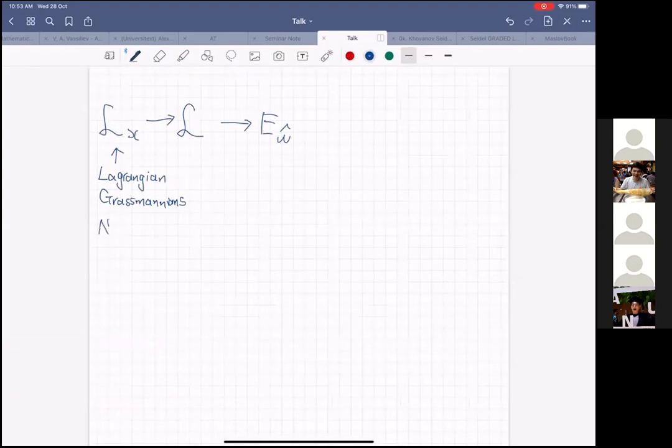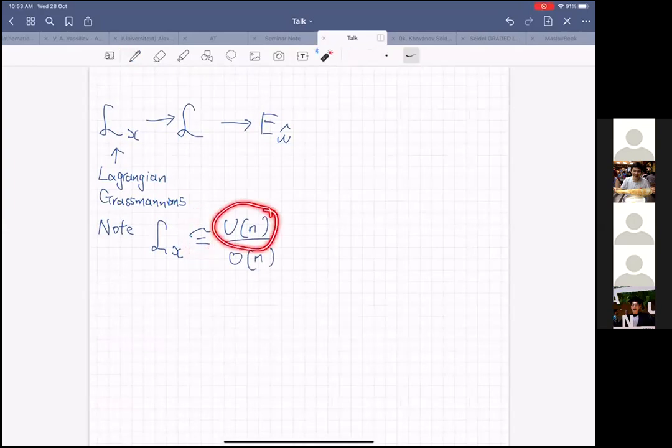And note that the Lagrangian Grassmannian is isomorphic to UN over ON, because UN acts transitively on the Lagrangians, and this is the stabilizer. The details can be found in the book I gave just now, the reference.